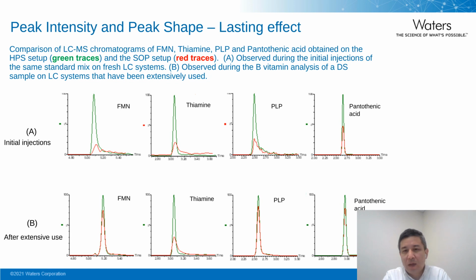But still, you can see that there's a small difference between the green and the red traces. That indicates that even after extensive use and after repeated injections, the SOP setup still cannot deliver the same kind of performance as HPS setup.